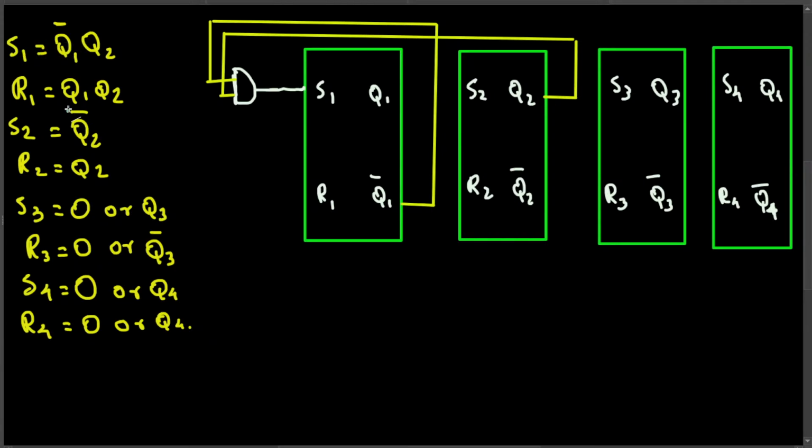Now let's look at the R1. R1 is connected to Q1 and Q2 with an AND gate. So again, put an AND gate right here. So this one is what? Q1 and Q2. Q1 is right here. Let me use a different color.